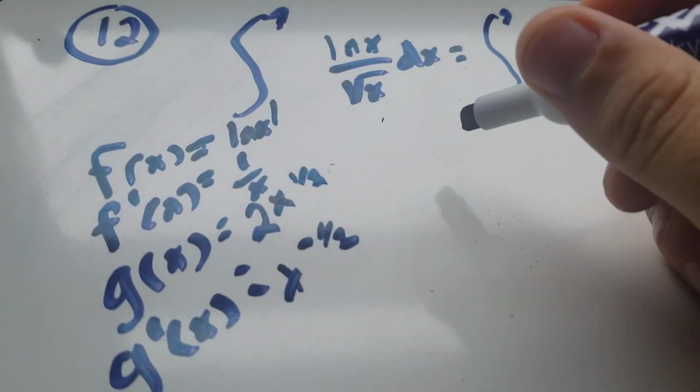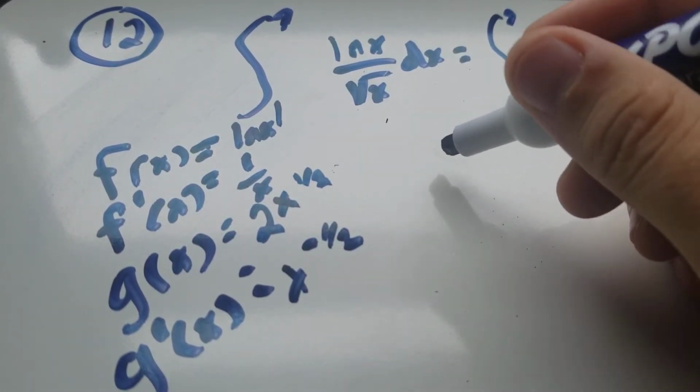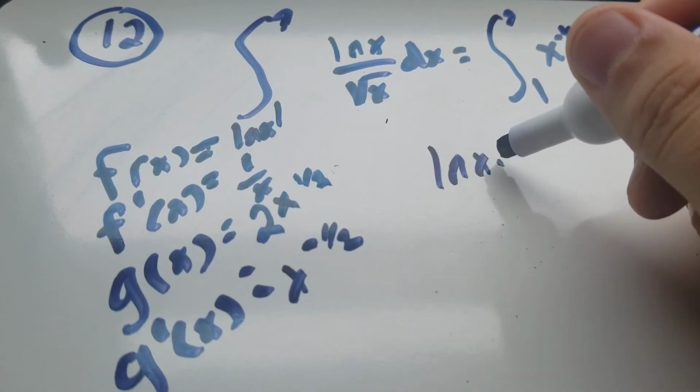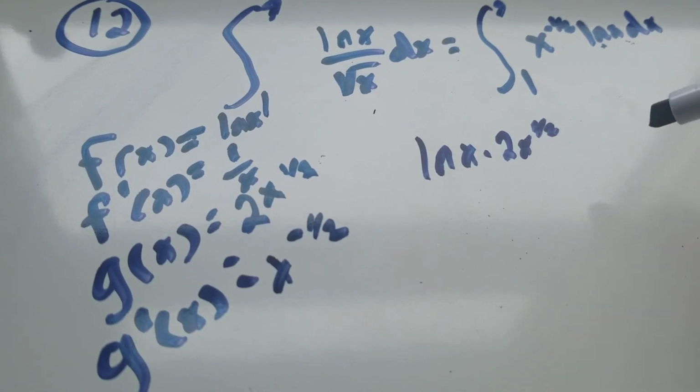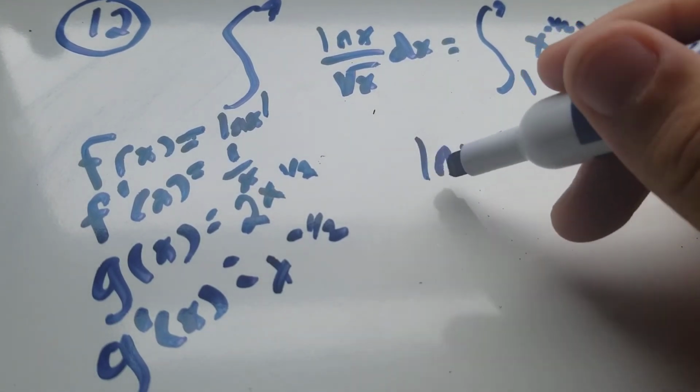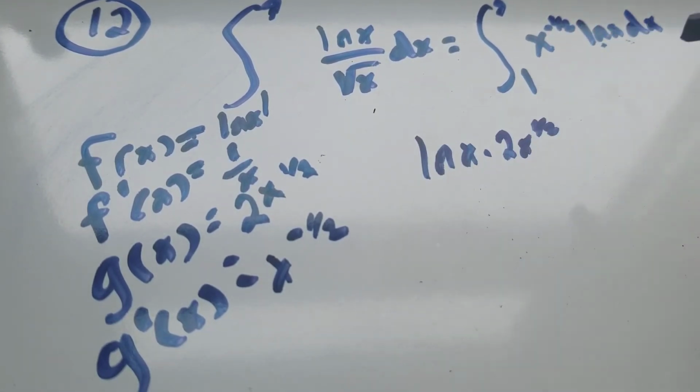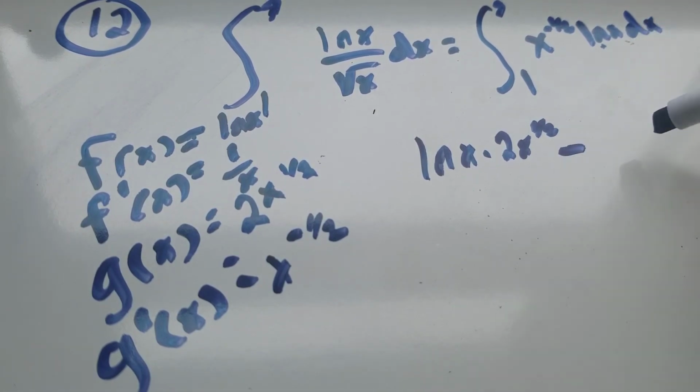So let's go. First one's f of x and g of x, so that's ln x times 2x to the half power. First time, it's very wild, you don't usually get no division in these problems.